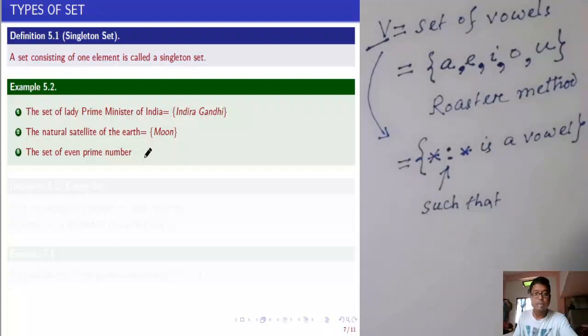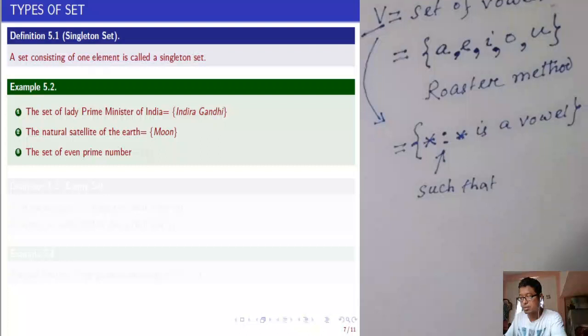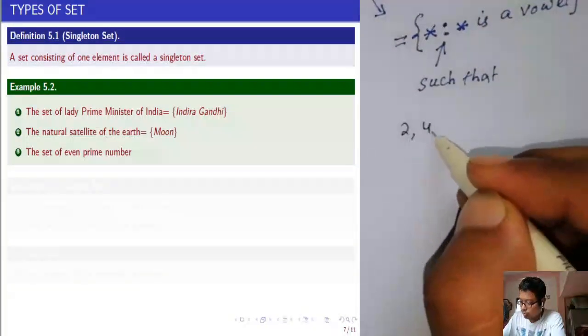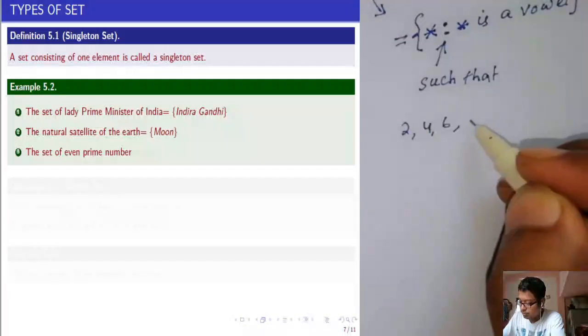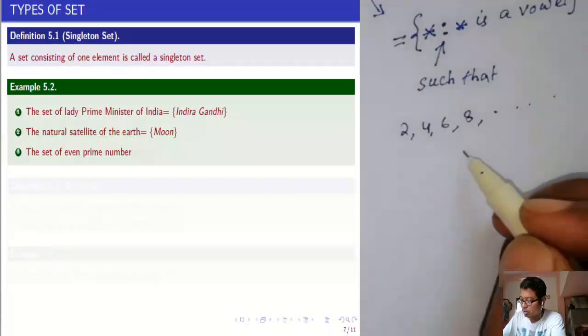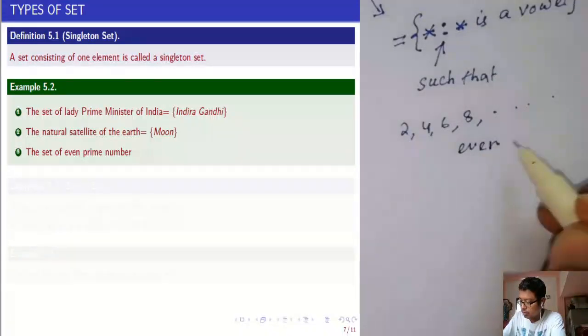What is an even number? The numbers which are divisible by 2 are known as even numbers, like 2, 4, 6, 8, and this list goes on. These are all even numbers.